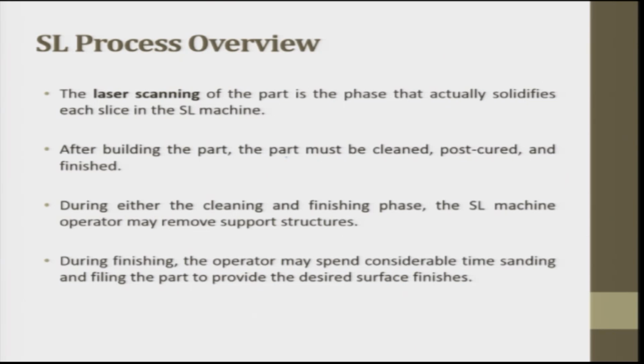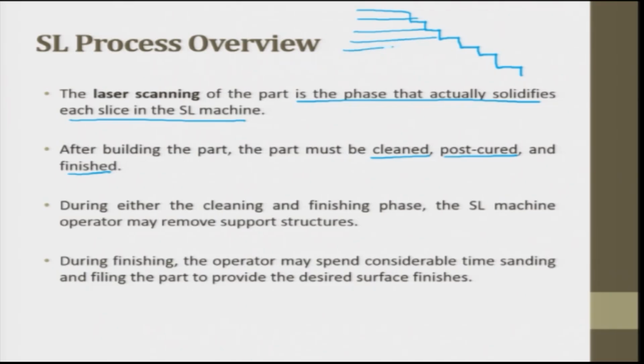The laser scanning of a part is the phase where the actual solidification happens and the layer is formed. It actually solidifies each layer in the SL machine. After building, the part must be cleaned, post cured and finished. What happens is you will have a staircase effect coming up, because this is layer by layer information.